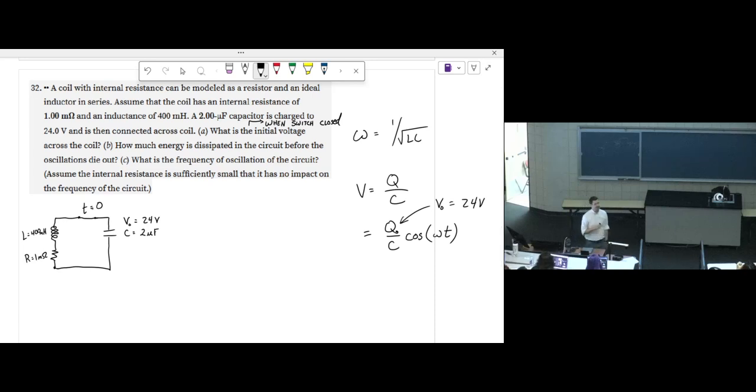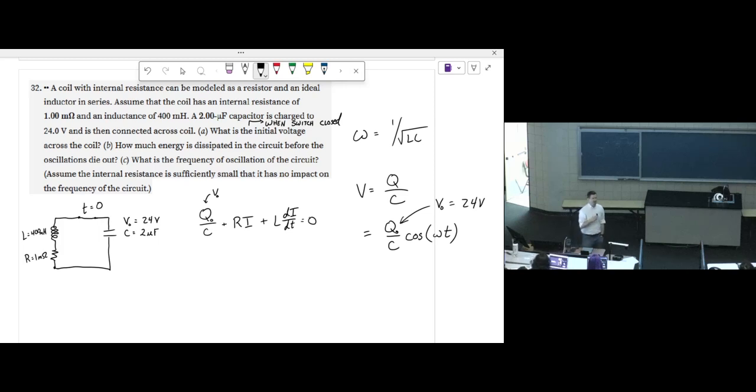What is the voltage across the inductor? Well, let's do Kirchhoff's rule, right? Using Kirchhoff's rule, you would have the voltage across the capacitor, which is Q naught over C, or that would be V naught, plus R times I, plus L di dt equals 0.